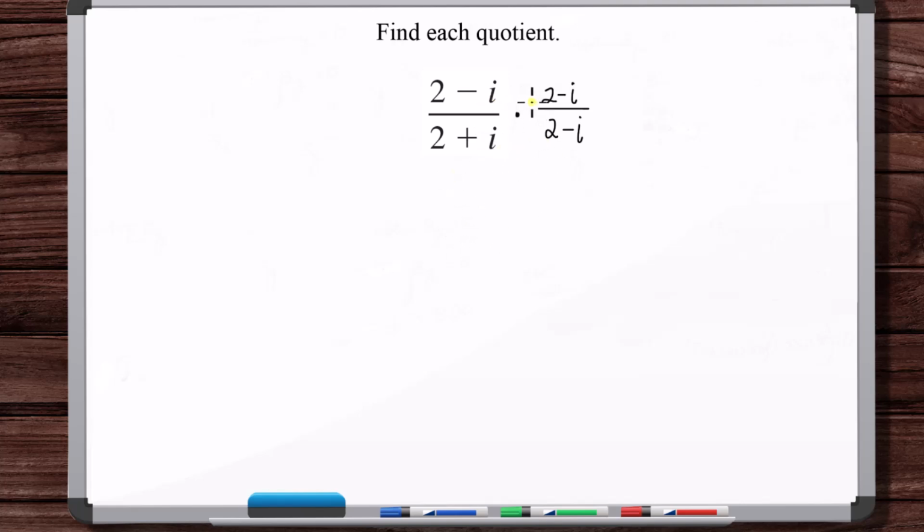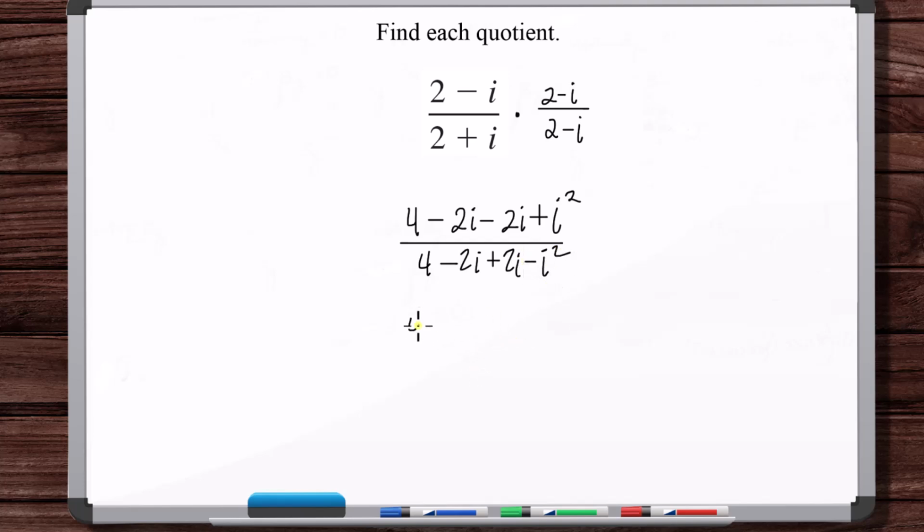So 2 minus i times 2 minus i, you're going to have 4 minus 2i minus 2i plus i squared. And then in the denominator, you're going to have 4 minus 2i plus 2i minus i squared.